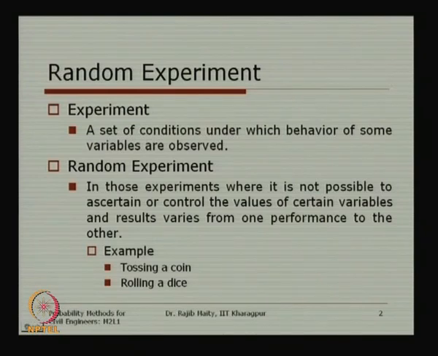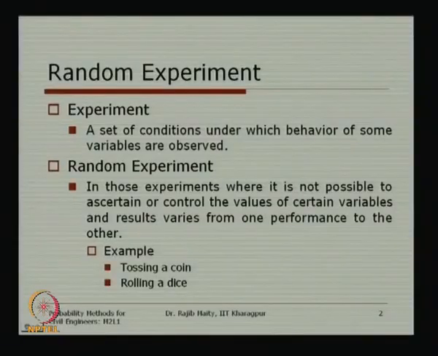to the other performance. For example, if I throw a coin and I want to see the outcome of the throwing of a coin, I cannot say with full certainty what the outcome will be, whether it will be a head or a tail.